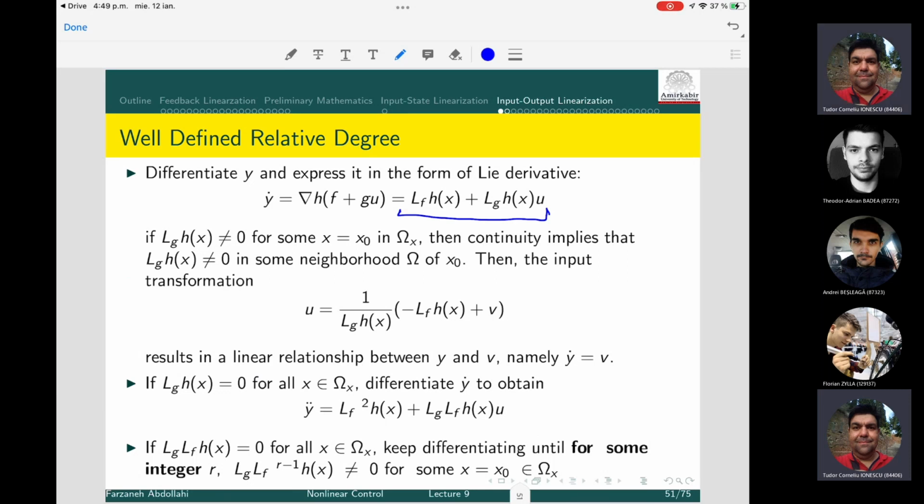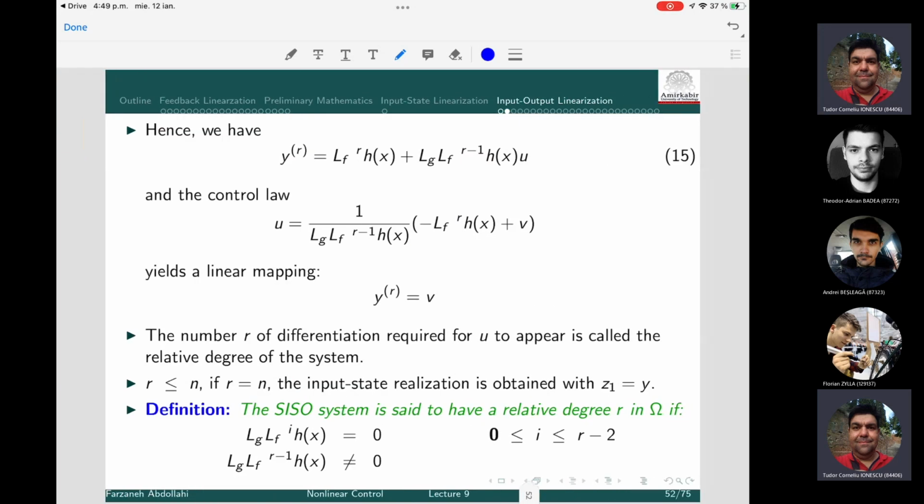If you still get 0, you keep differentiating until you get the relative degree, until you get this relation for some x equal to x0. So you just keep differentiating the output until you see this relation occurring. Hence, you differentiate y r times, and you get this relation between the r-th derivative and the input u.